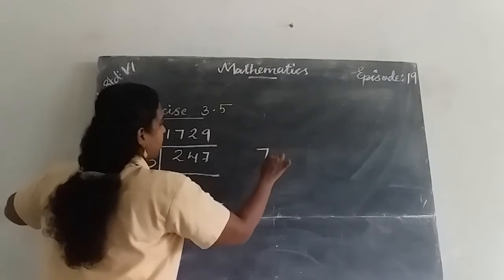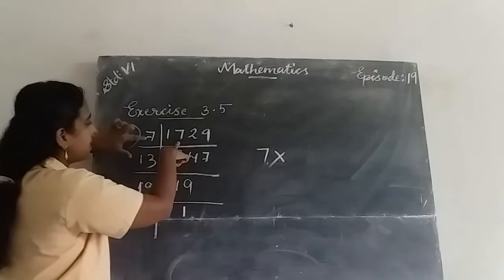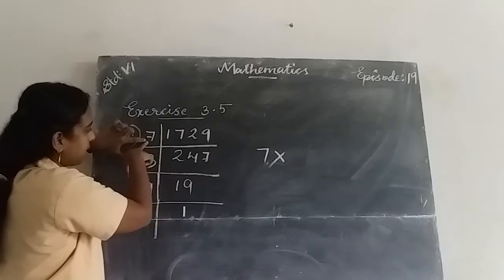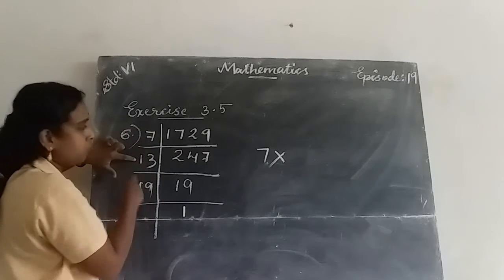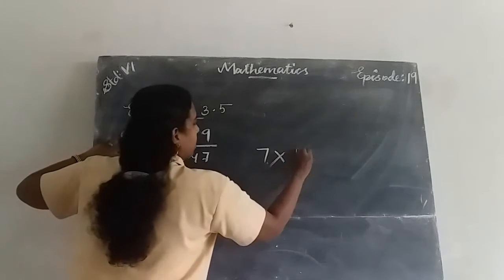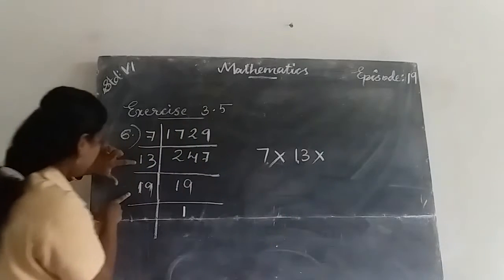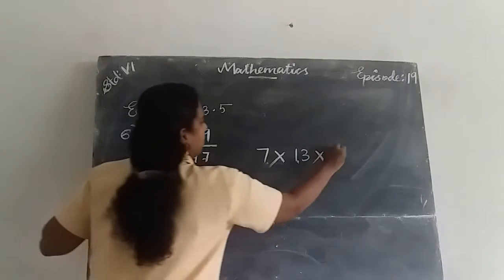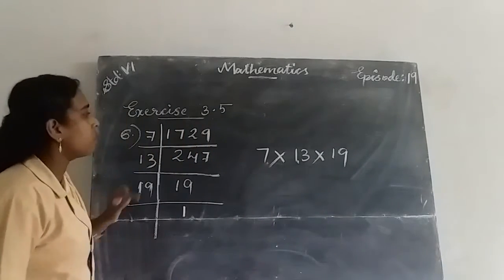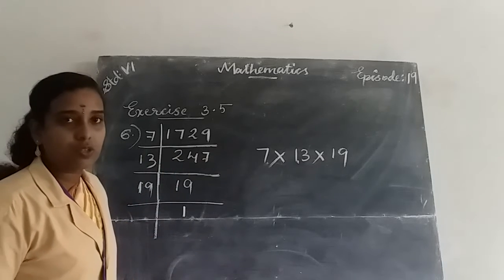So the prime factorization of 1729 is 7 into 13 into next number 19.